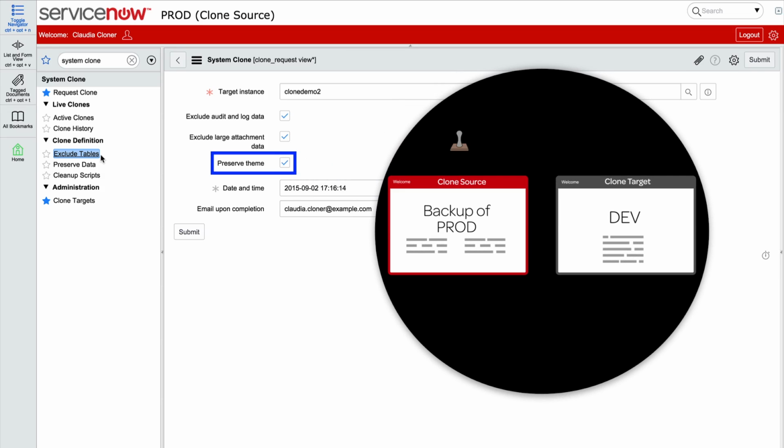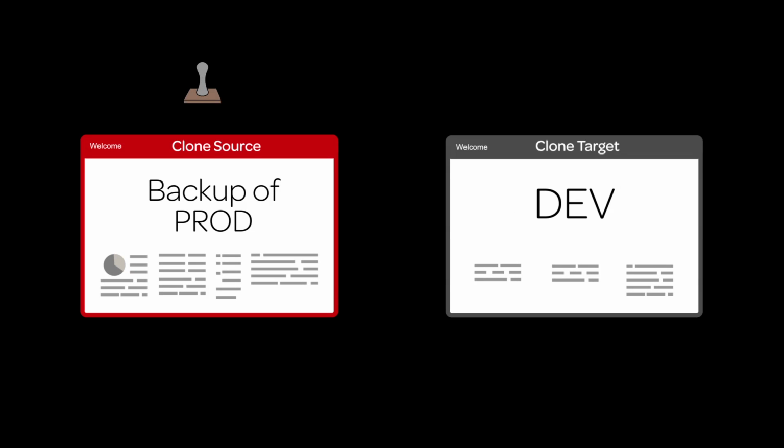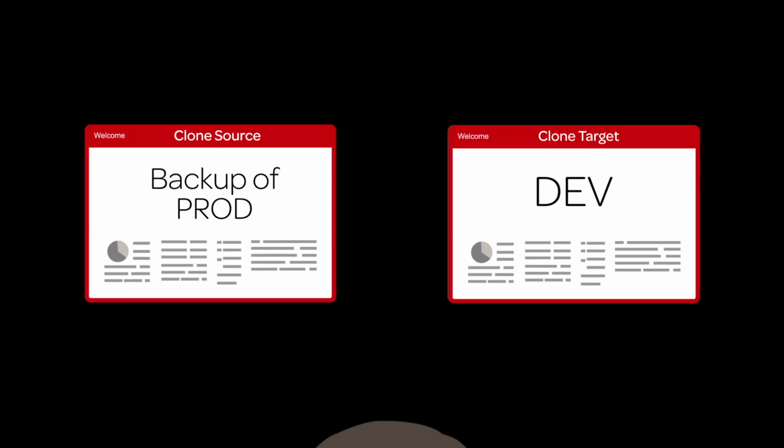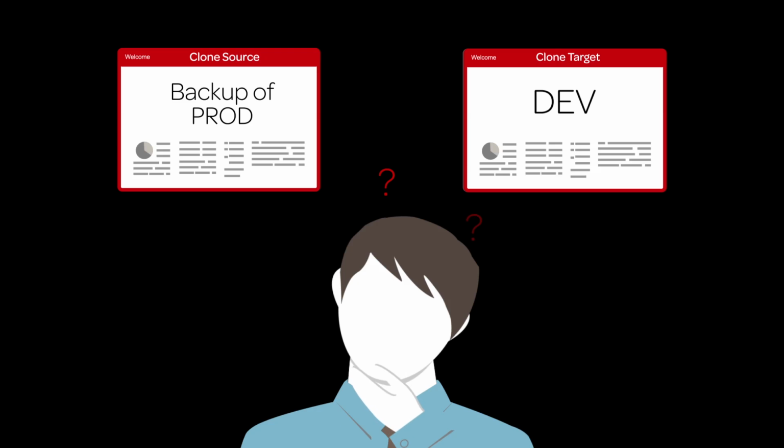That is, to keep it the same as it was before the clone instead of replacing it with the look and feel of the source instance. If you want the theme from the source instance to overwrite the theme on the target during cloning, clear this checkbox. But be careful, because this could cause confusion about which instance users are logged into.